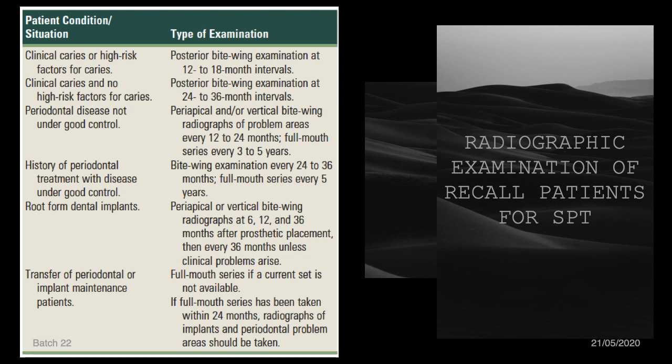Basically, if the patient shows some disease activity during this maintenance period, then you have to take a radiograph for the site where there is disease. If there is no full mouth radiograph available, then you have to take a full mouth series. If a full mouth series taken within the last 24 months is available, then you can take a radiograph only for the precise site where the disease is, right?